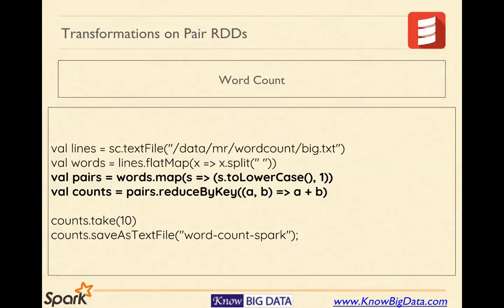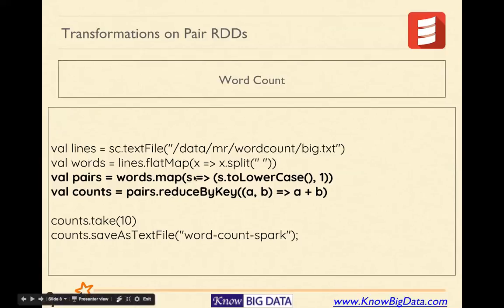So we loaded the data from a text file and then converted the lines into one word per record in the RDD, and then we converted into lowercase, as well as we converted it into the tuple. You see, we're converting each word into lowercase, comma 1. This is a tuple.